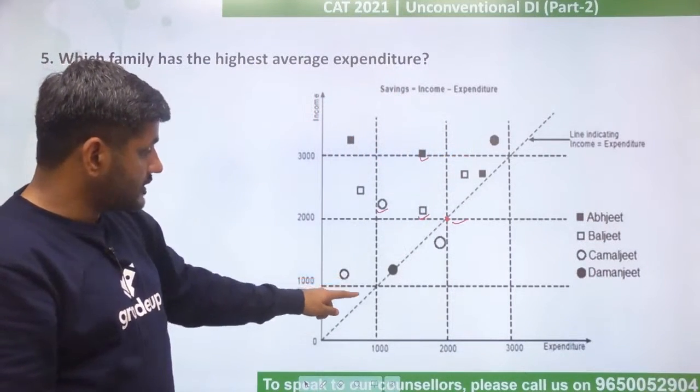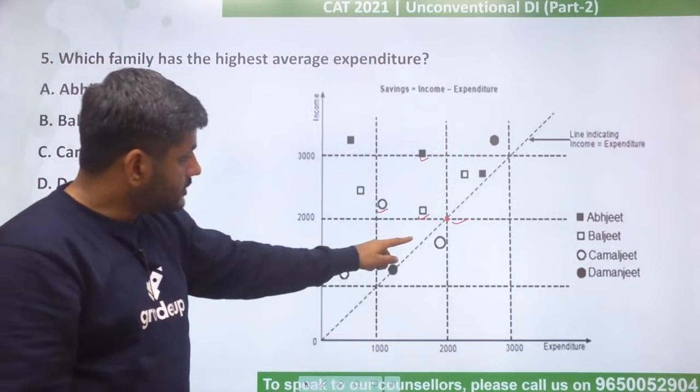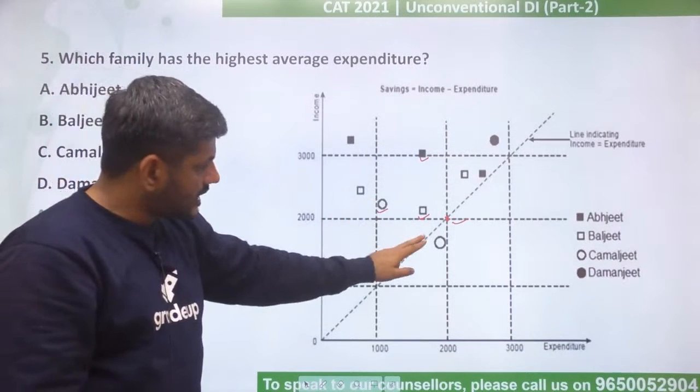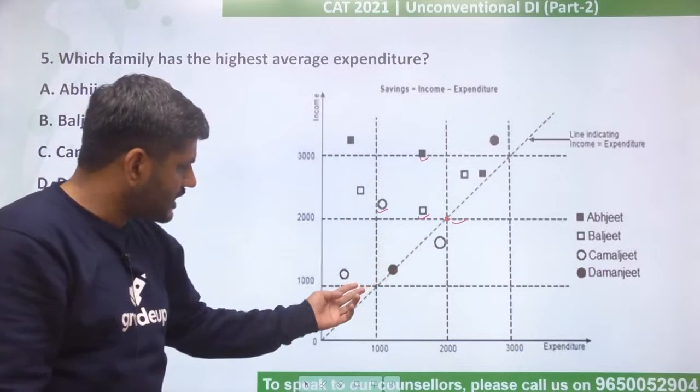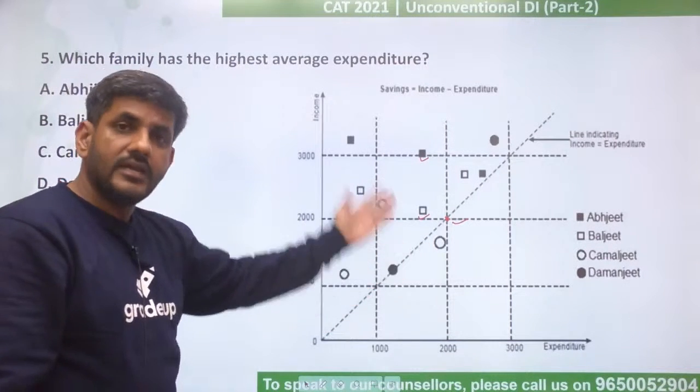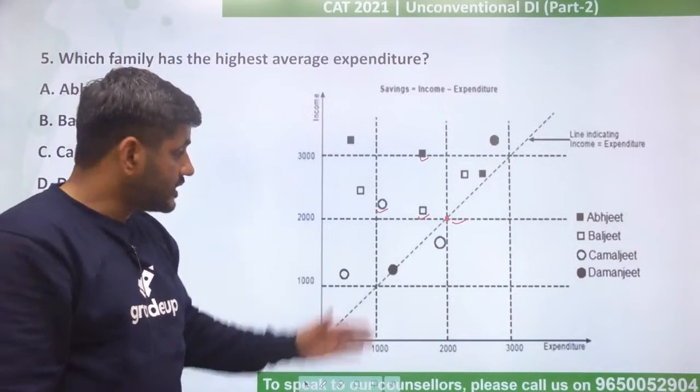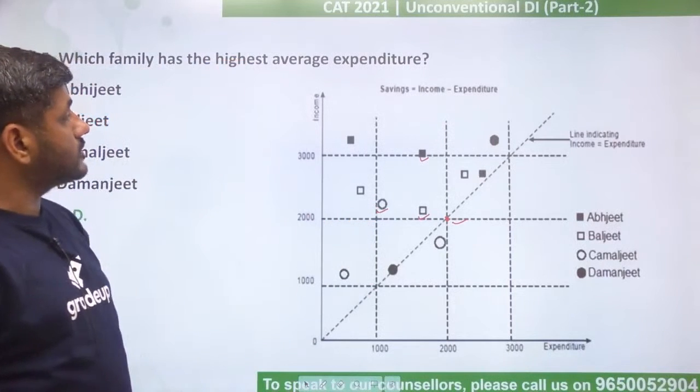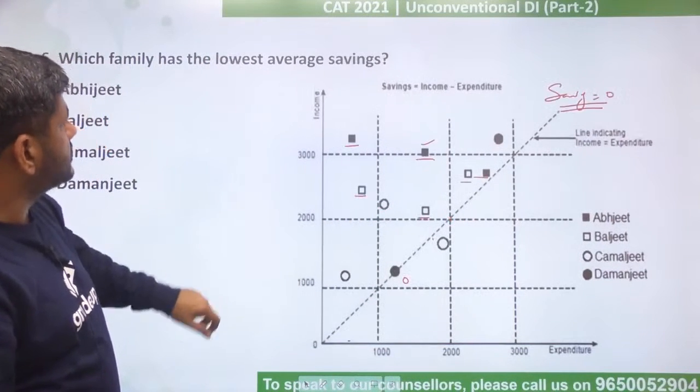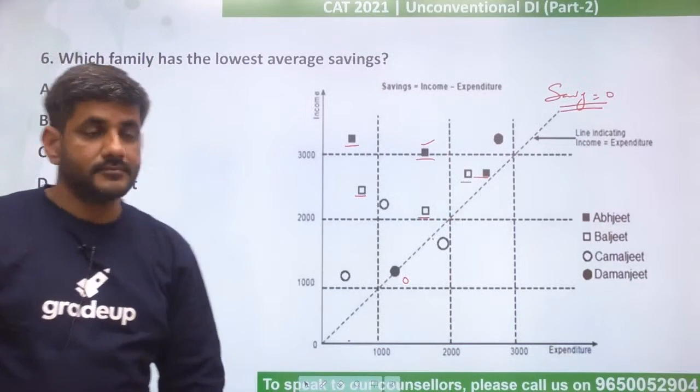Whereas here, this is much above the line, this is much above the line and this is slightly below. This difference will be covered by the others, but this one alone is too high, so the saving will become high. We are looking for the, oh sorry, the question was lowest average savings.